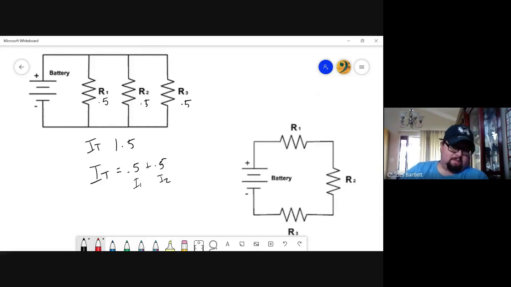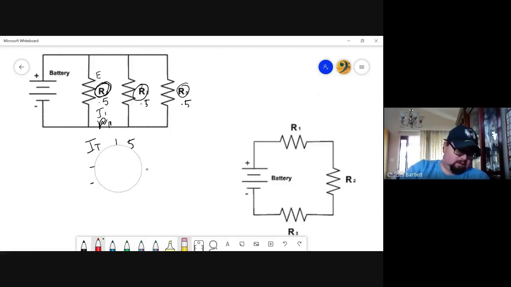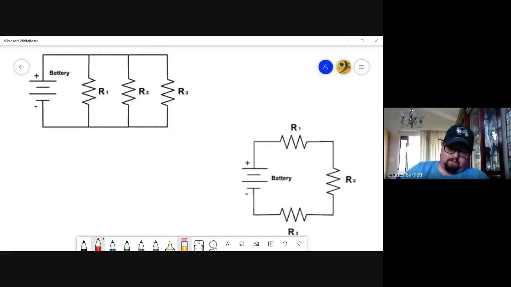Anytime we're asked about a part of a circuit, if anything's numbered, like we have R1, and they ask us for I1 or E1 or even W1 or power P1, it's always associated with whichever value you have. So that would be all twos, that would be all threes, and obviously anything that says T is the total. Key differences.